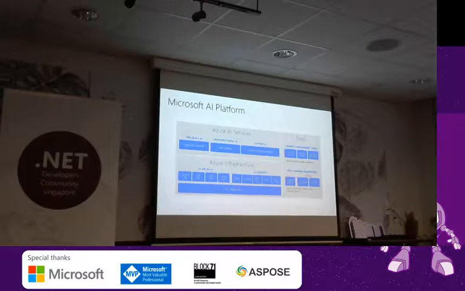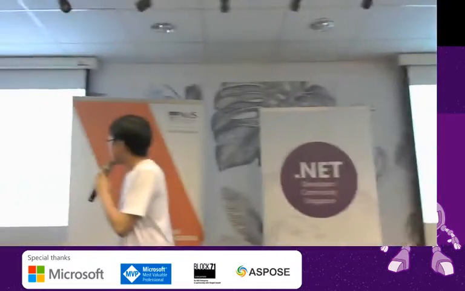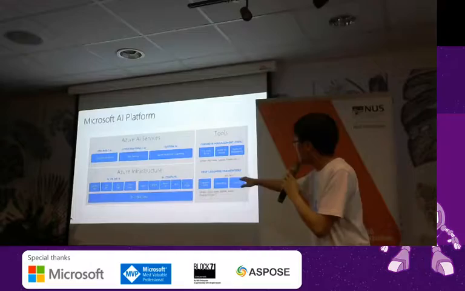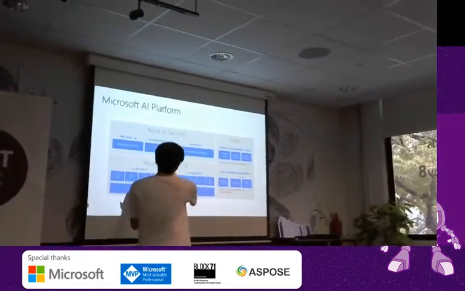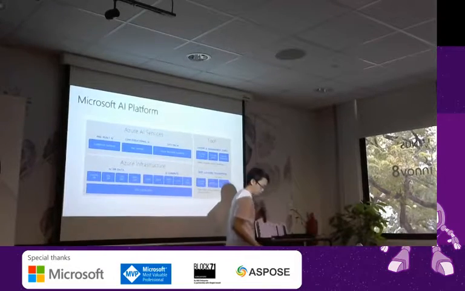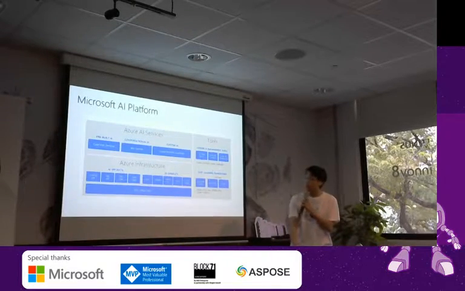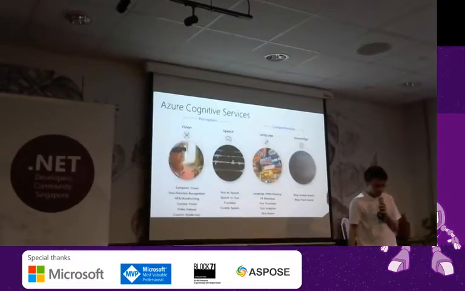And of course we have bot services, then Azure machine learning. The rest is the Azure infrastructure and the tools. So AI services is basically these three, and custom vision falls under cognitive services.